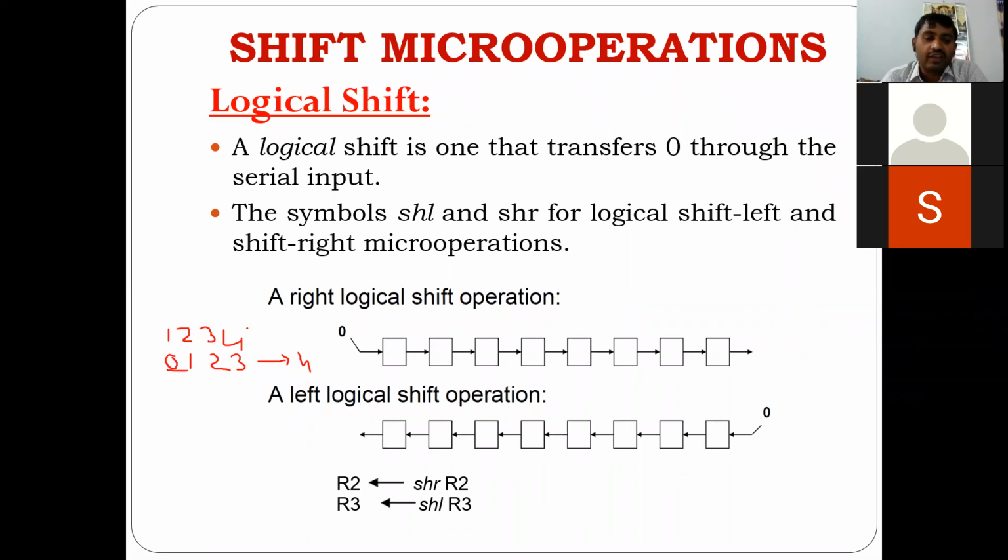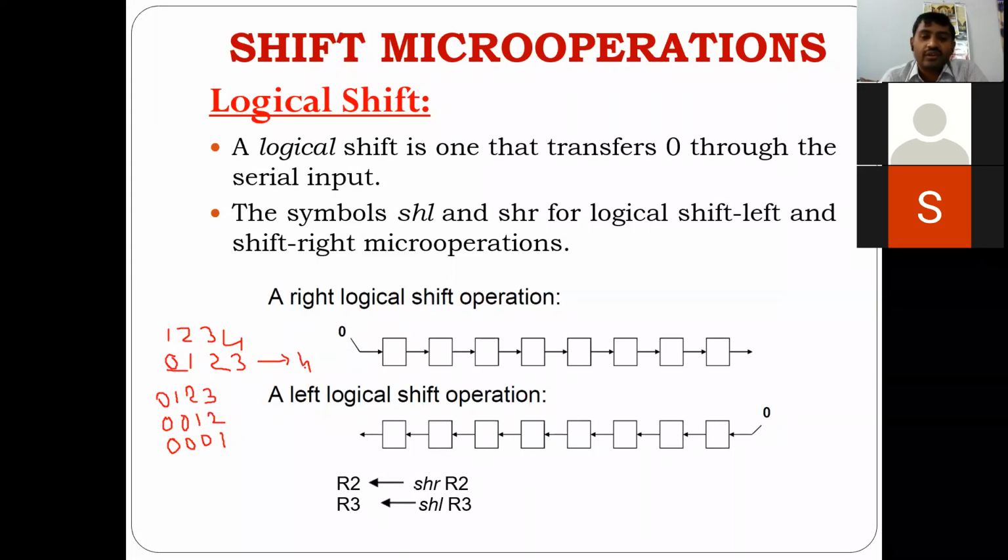Now if we do one more operation on this, the contents of the register now are 0 1 2 3. If you perform one more operation, the content will be 0 0 1 2. If you perform one more operation, it will be 0 0 0 1. Understood?